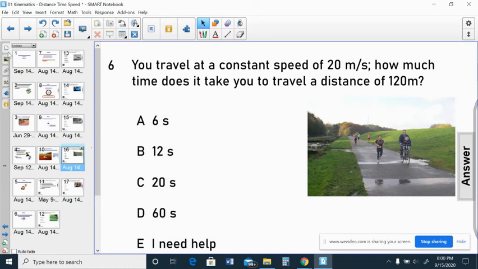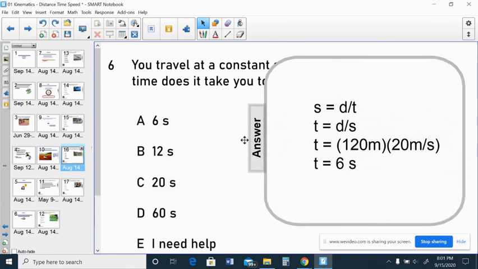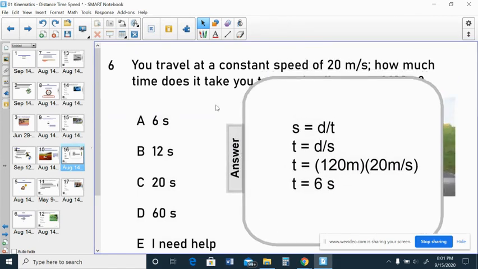You travel at a constant speed of 20 meters per second. How much time does it take you to travel a distance of 120 meters? In this problem, we are solving for time. So we need to rearrange the speed equation so that we get time equals distance over speed. To do so, you want to move time to the side of the equation.